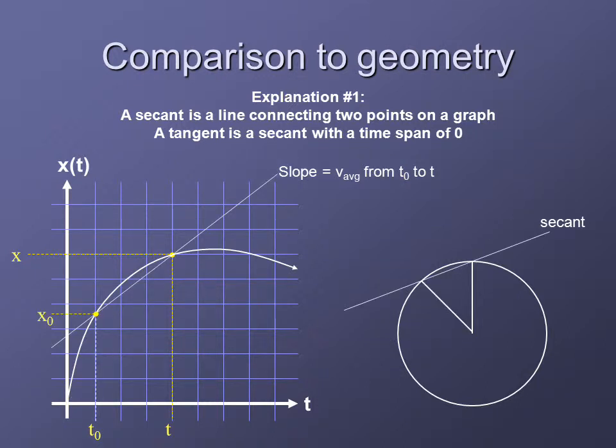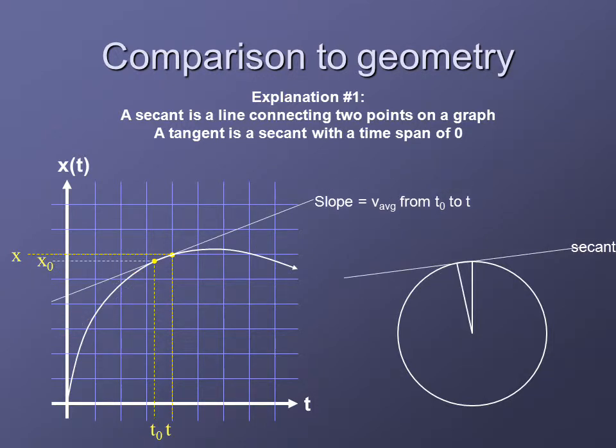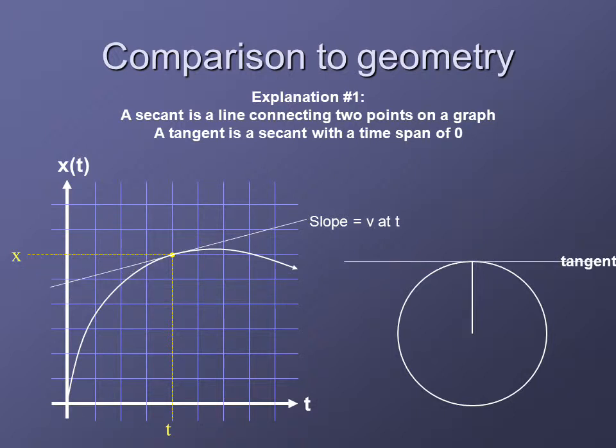And then as you make the spans of those secants smaller, you continue that trend until you have no span. Then you end up with a tangent line. Over here, you have a secant with no span. That's a tangent to a circle. Over here, you have a secant with no span. That's a tangent to the graph. Specifically, in this case, the graph of position versus time.